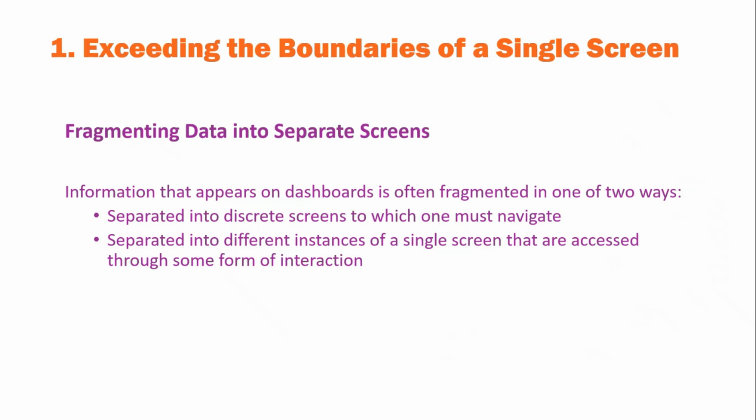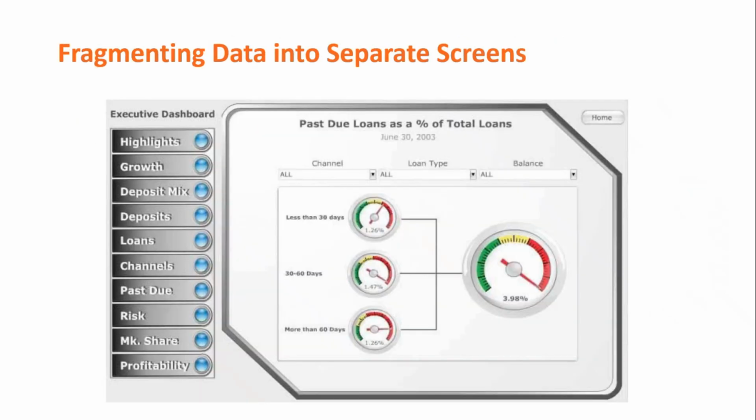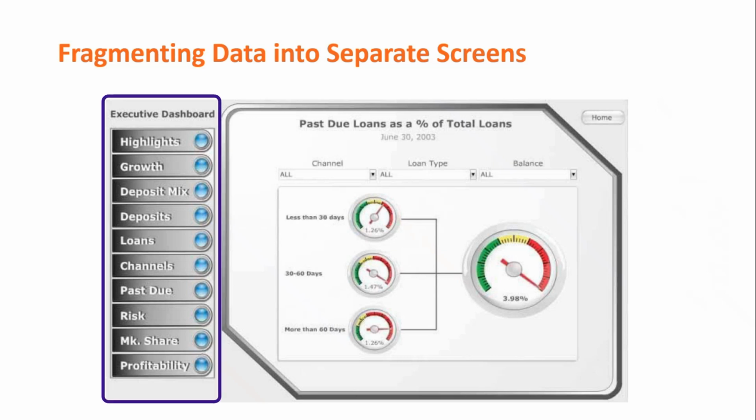In fact, it is a big mistake to split the information into different pages when it needs to be seen on one screen. For example, here, a banking executive should check different key performance indicators for the business, like growth, deposit, loan, and risk. Each of this information, including numbers and calculations, is available on a separate page.